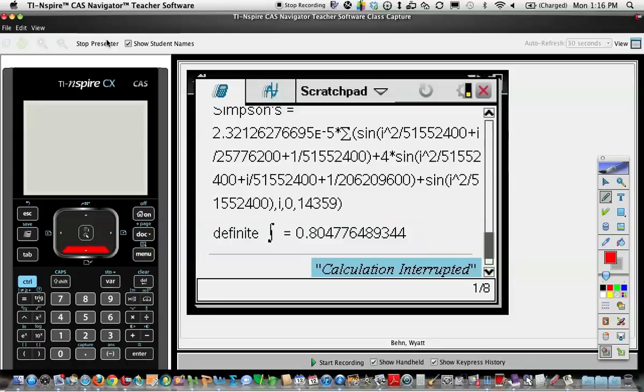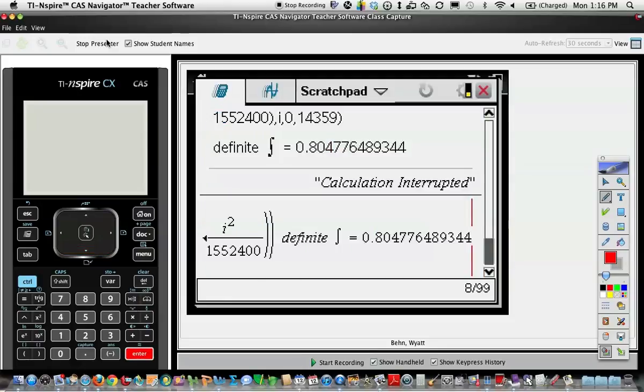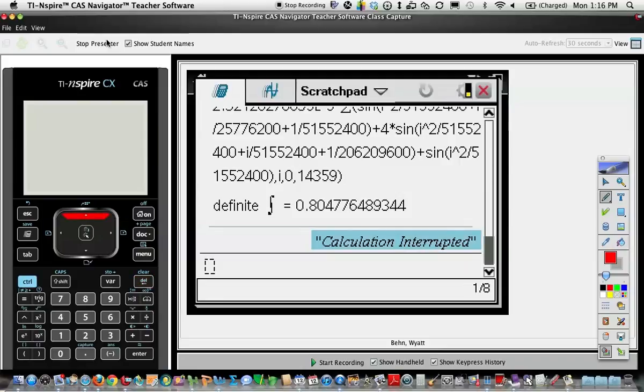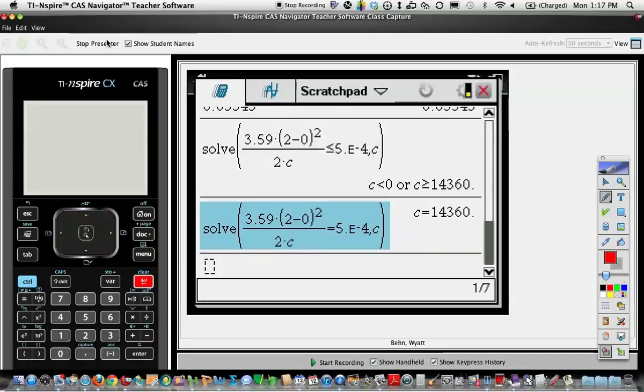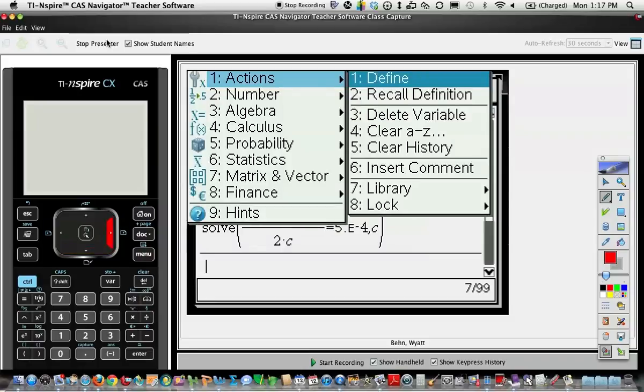Oh, here it is down here, 0.80477. So it's within the 3 decimal places. And actually it wasn't accurate out into the 4th. No. So we didn't get extras. But if we had run it again with 13,000 or whatever, if we would have made this number 3.58 and went out a few more decimal places, we might have been able to lower this number a little bit and still get 3 decimal place accuracy.